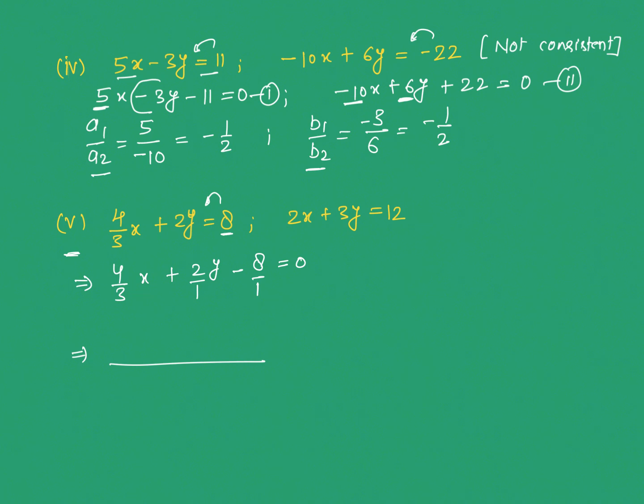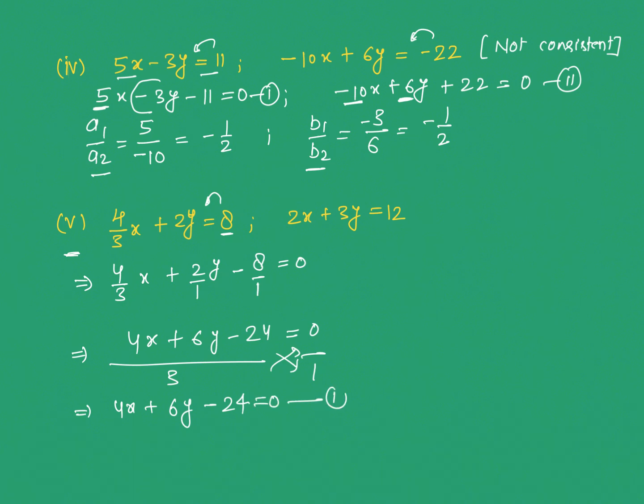And when you take the LCM of this, it will be 3. 3 ones are 3, 4x plus 1 three is 3, 6y, 2 threes are 6, and minus 1 three is 3, 8 threes are 24 equals 0. Same cross multiplication method. So this equation will become 4x plus 6y minus 24 equals 0.